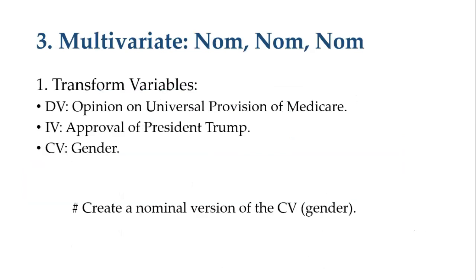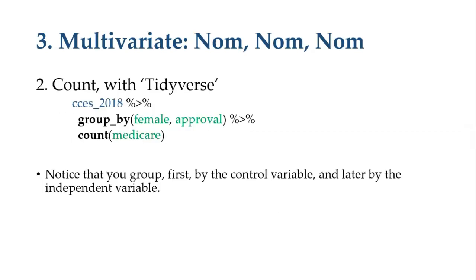Okay, so again, the same steps. Transform your variables. Now I'm going to create this variable called female that is based on gender. Okay. Now, how do you count this kind of information? You have 3 variables. So I want you to notice that your control variable is going to be the first term when you group by.